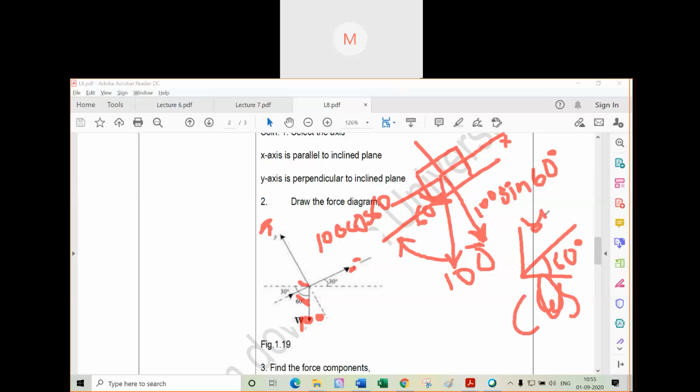And this will be what? Sine. Yes or no? Yes, sir. Now is it clear? How did cos and sine come? Yes, sir. Okay, so this is how it is being done.